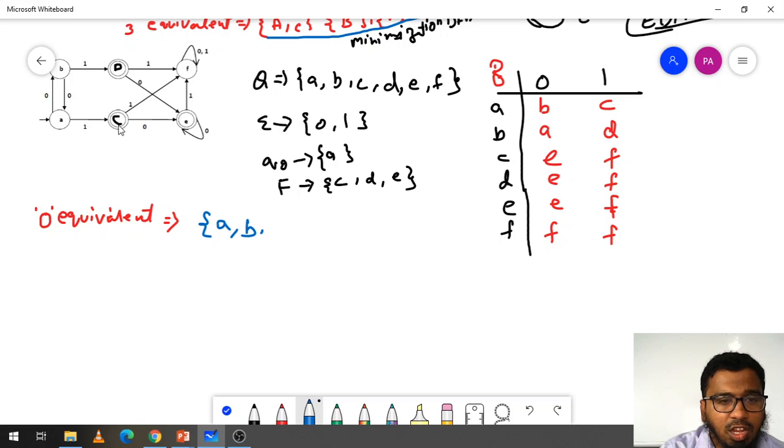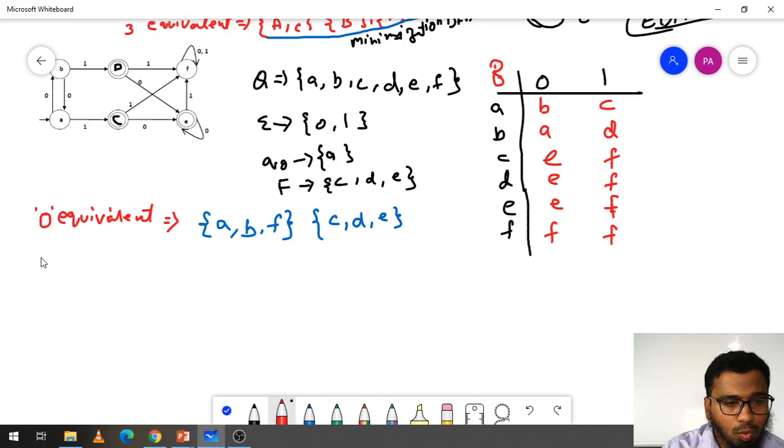C is a final, D is a final, E is a final, and F is a normal state. So this is one set: A, B, F. The next set is the final states, C, D and E. So this is zero equivalence.